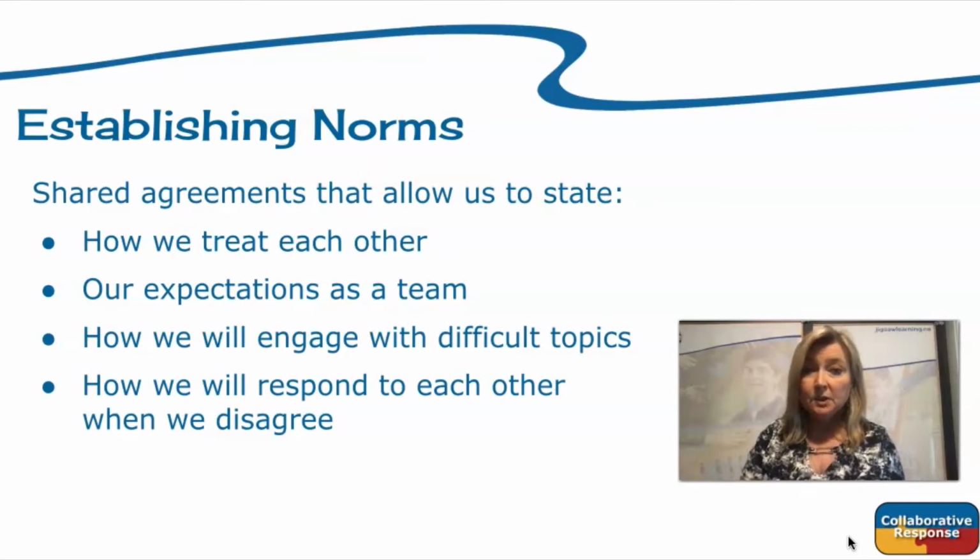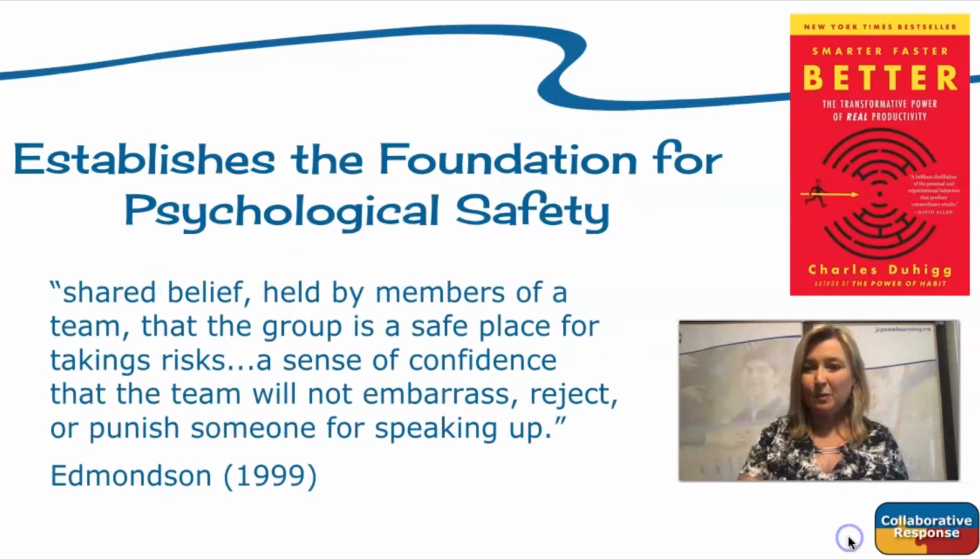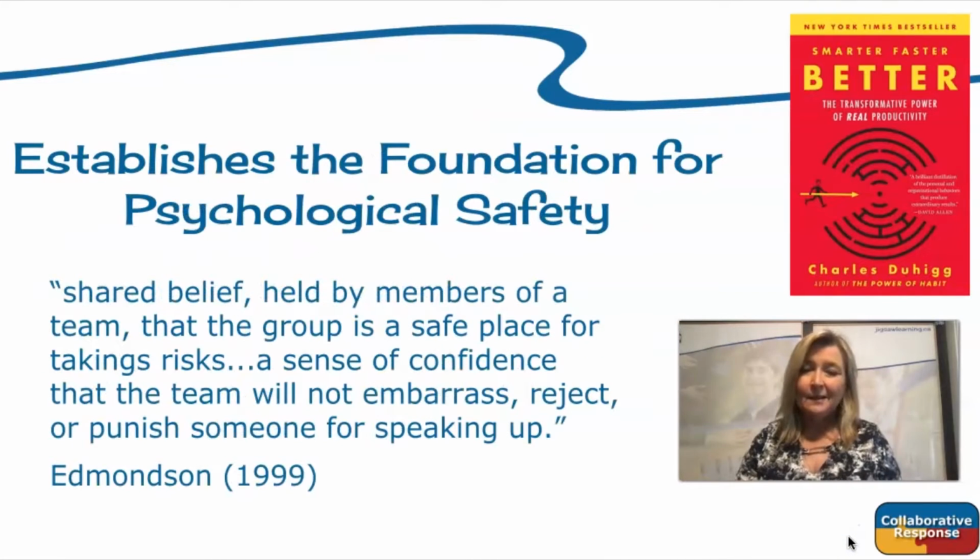So we establish team norms to determine how we treat each other, to be explicit about our expectations as a team, to engage in difficult topics, and then articulate how we'll respond when we don't agree with one another.